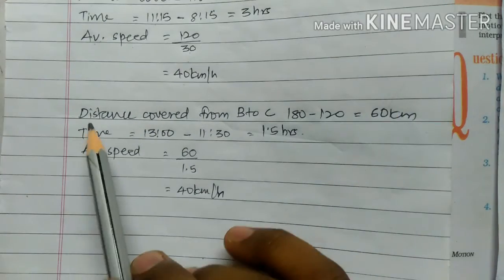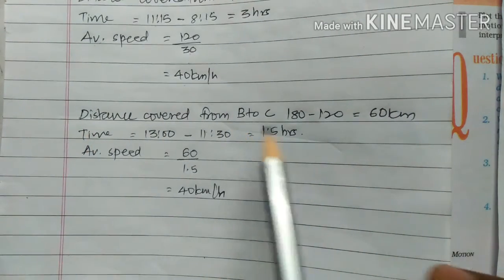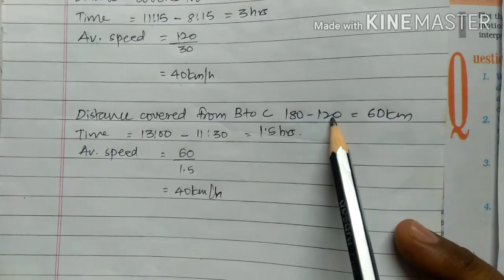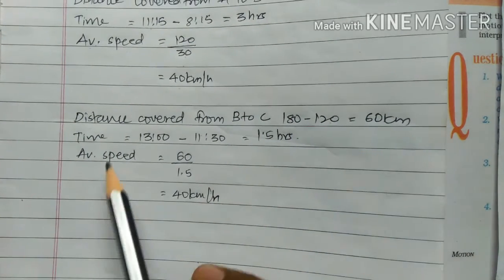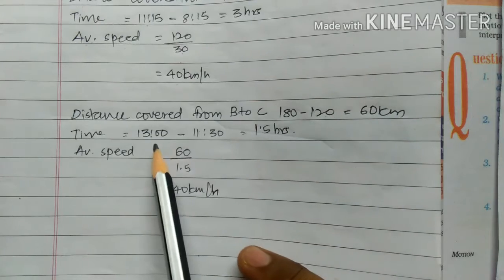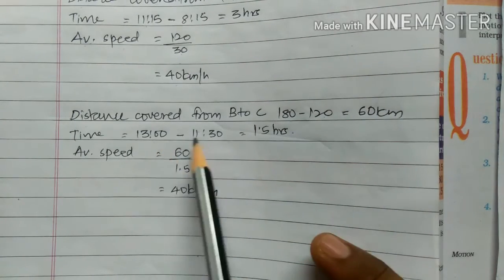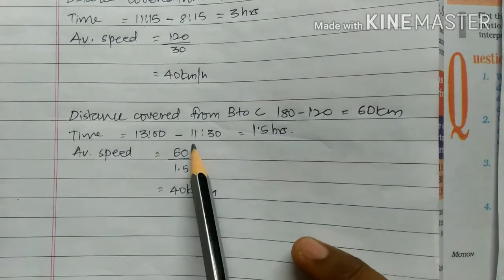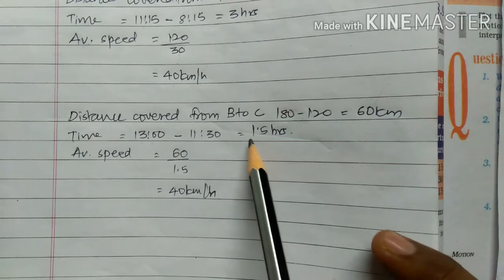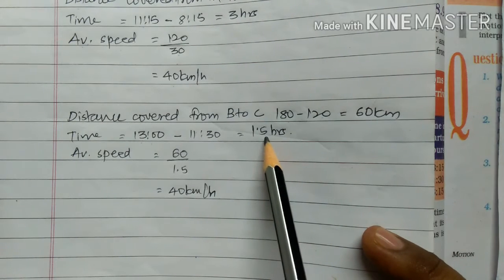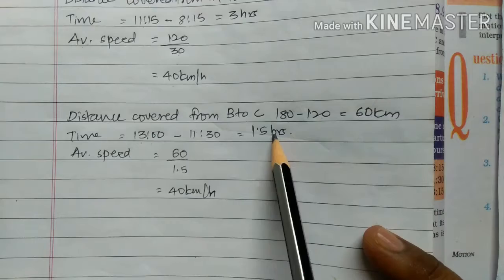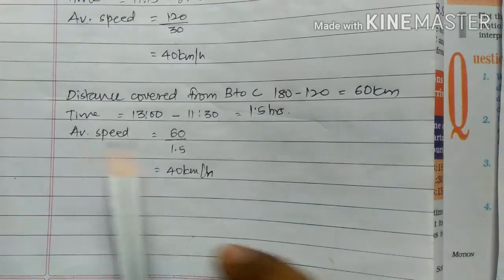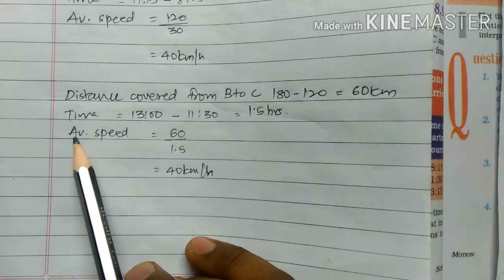Now second, distance covered from B to C, final distance minus initial distance, 180 minus 120, 60 kilometer. Time taken from final time and initial time, 13 minus 11:30, it becomes 1.50 hours, meaning 1 hour 30 minutes.